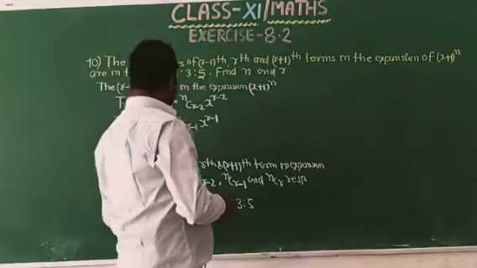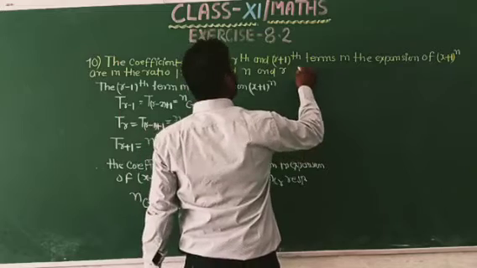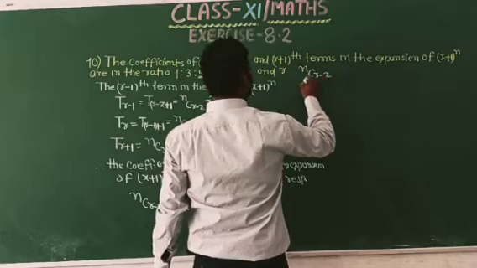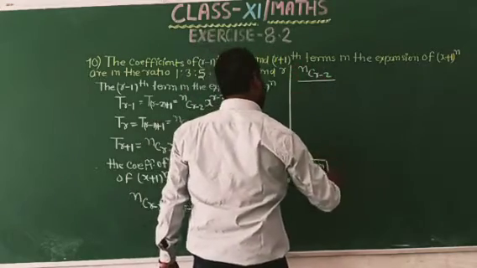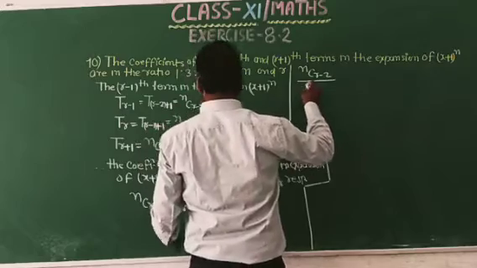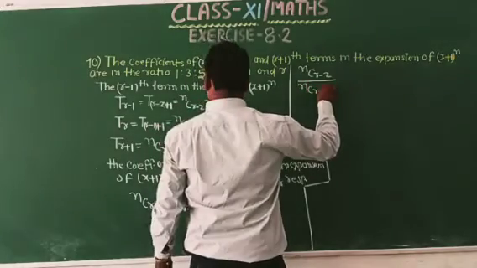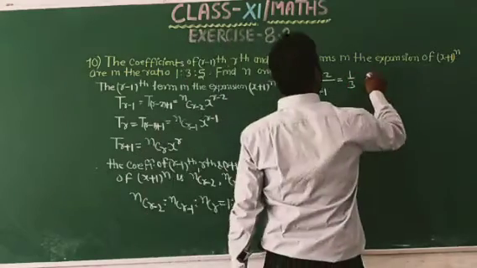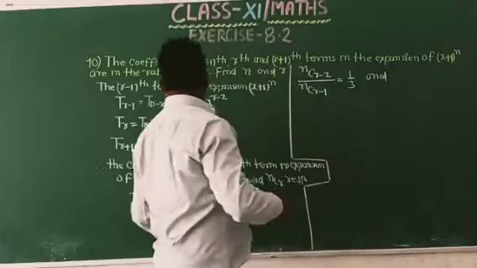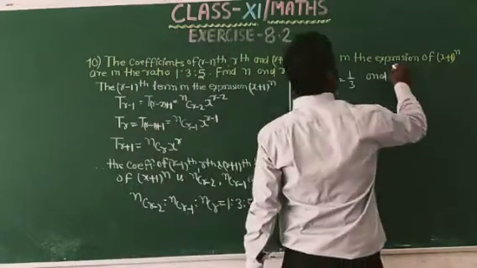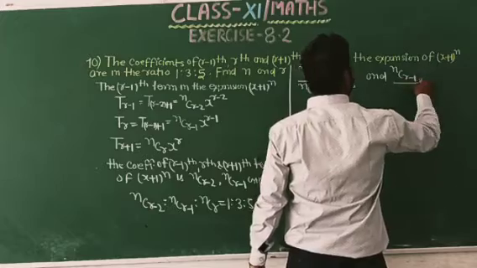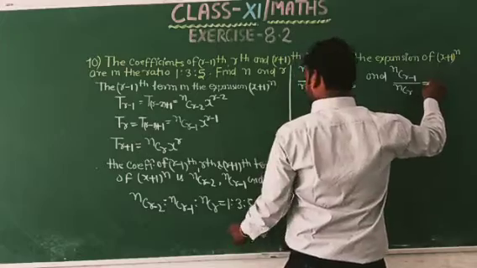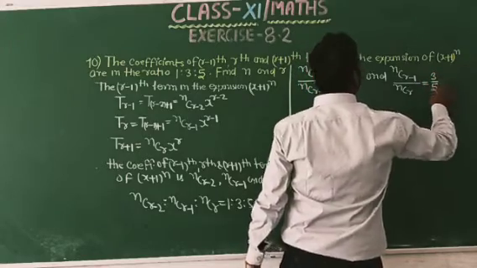So this is written as nC(r minus 2) by nC(r minus 1) equal to 1 by 3, and nC(r minus 1) by nC r equal to 3 by 5.